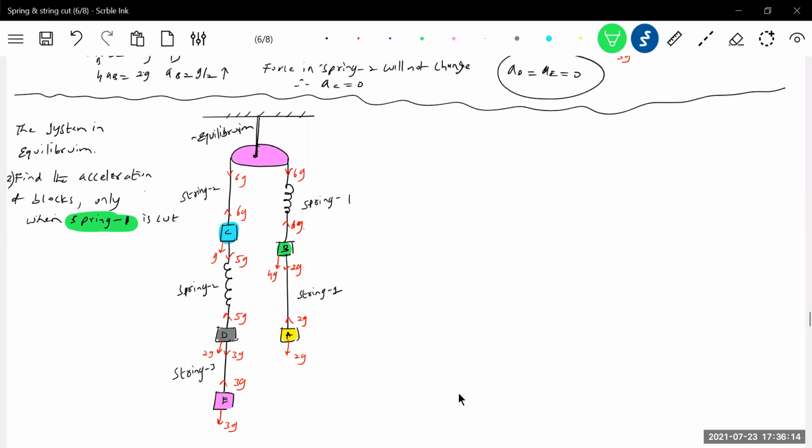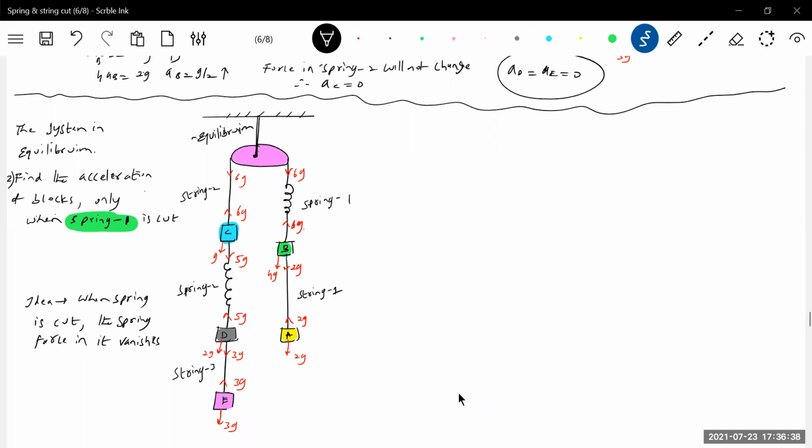The spring force will vanish. So what is the basic idea? I'll introduce that idea. When the spring is cut, the spring force in it vanishes. This is ideal. Practically there are so many other complications.